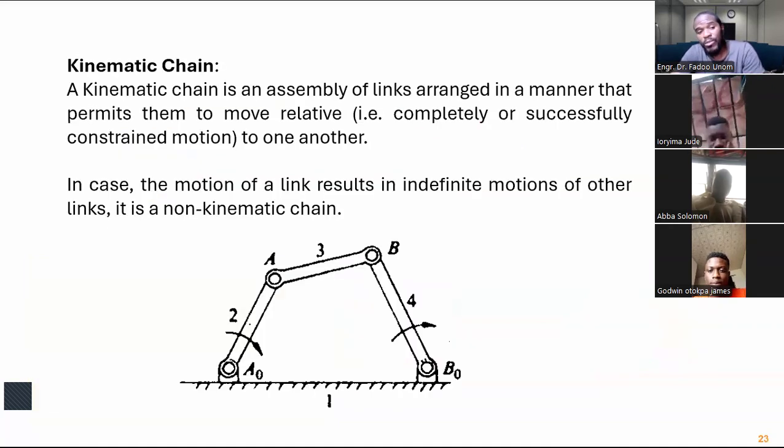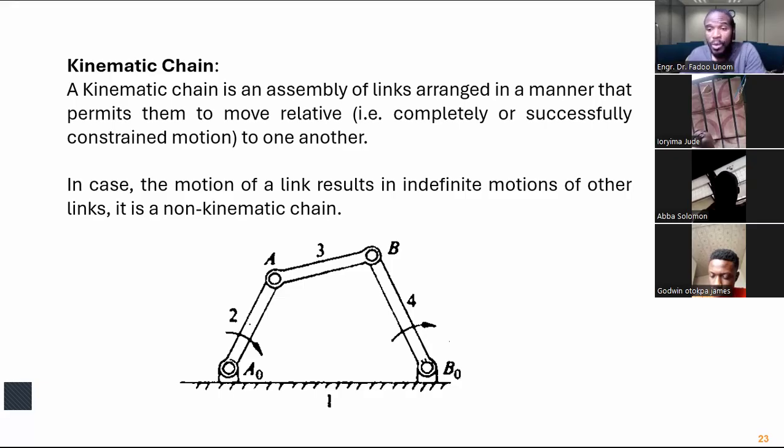Now we're going to move on to look at what a kinematic chain is. So please do note all these terminologies we're defining. We define a kinematic pair as an assembly of two links, such that one link is allowed to move relative to the other link.